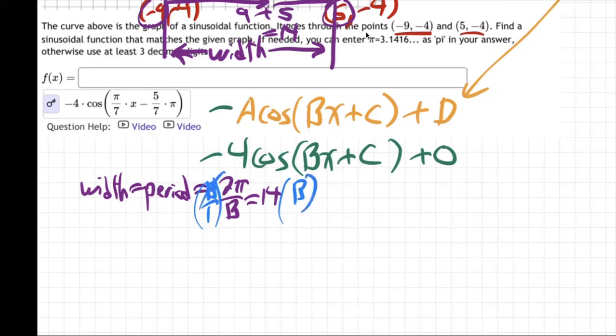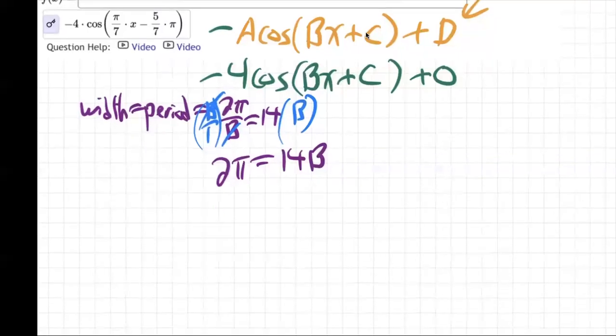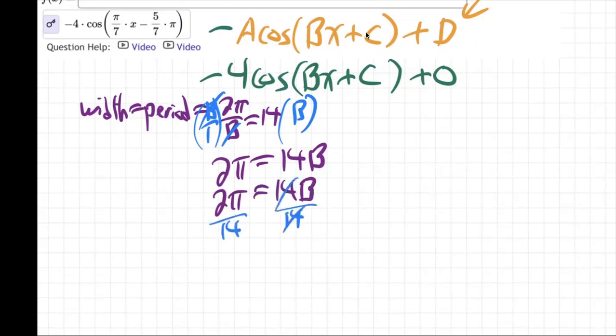The B's cancel, and you get 2 pi is 14B, right? Bring that down a line. 2 pi is 14B. How do you finish getting B alone? Divide by 14. And then B is 2 pi over 14.